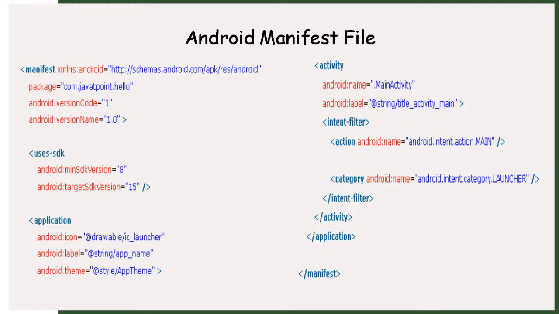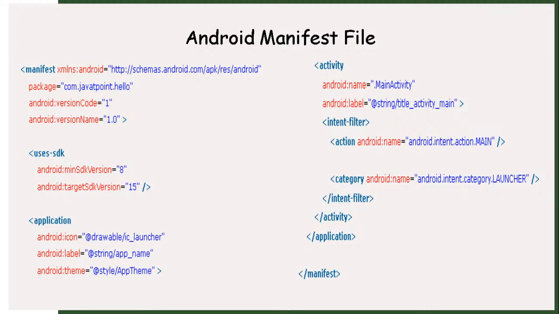Target SDK version will be the maximum version that will be supported in your device. Like you have maximum supported version of Android 29, that means any application having Android Q will not support this Android Pie version. So you can also set minimum SDK and maximum SDK in your manifest file.